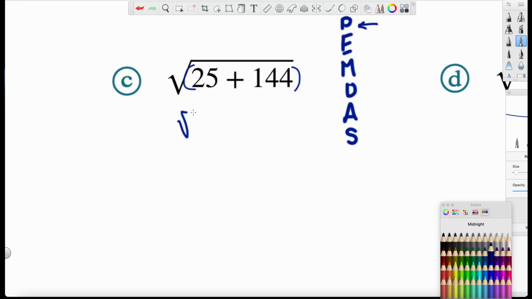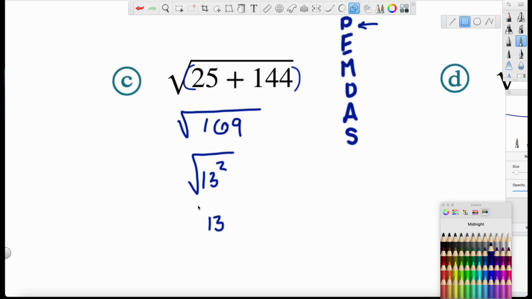So the square root of 25 plus 144, that is 169. And 169 is a perfect square. I could say 13 squared is the same as 169, and the square root of a square cancels, so my answer would be 13. That's my solution.